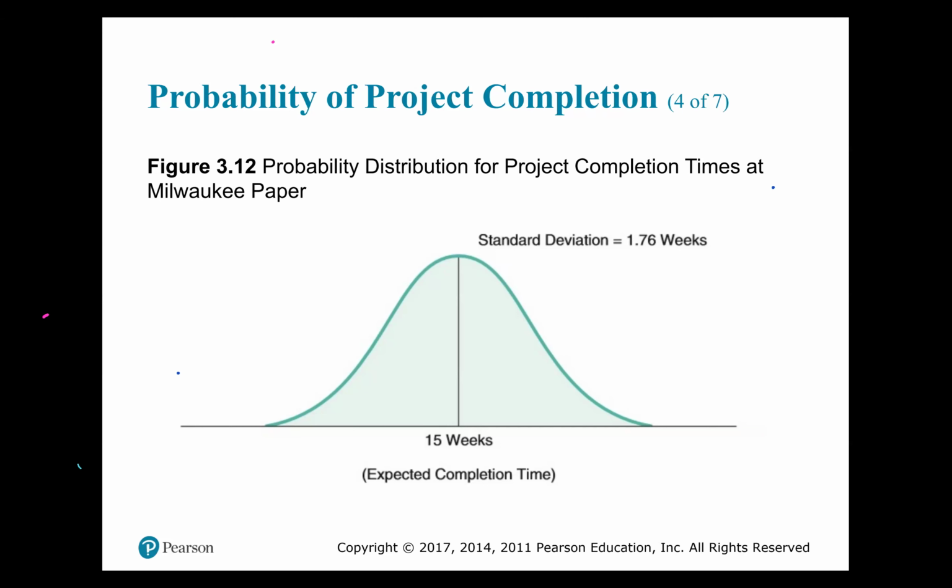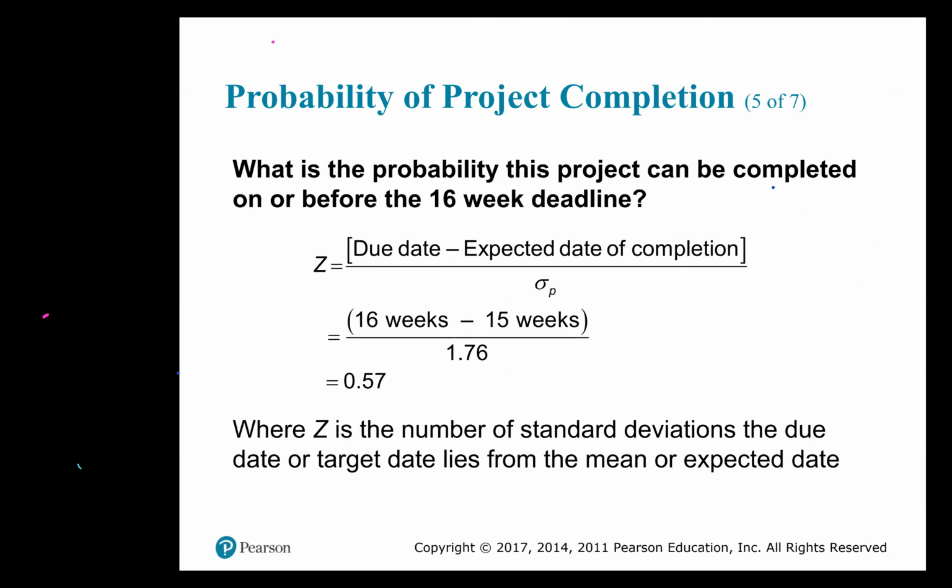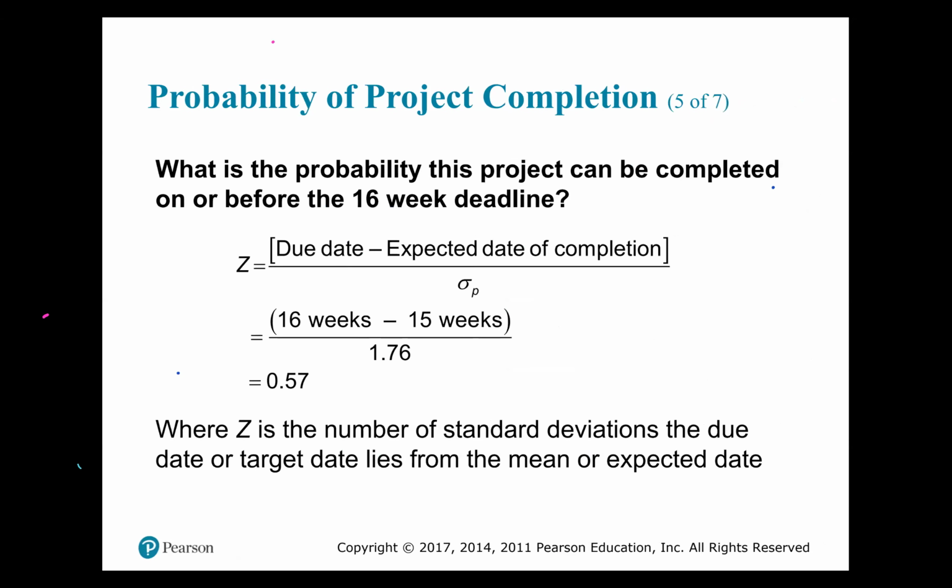So then, to find the probability, we use that Z value formula that you would have learned in statistics when you're dealing with the normal table or the normal curve, to enable you to find the space under the normal curve, what the probability would be for the space you're interested in.